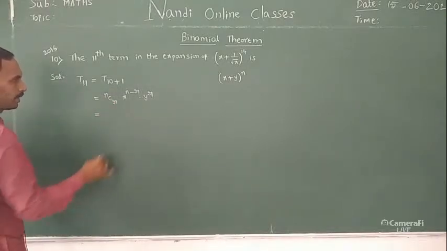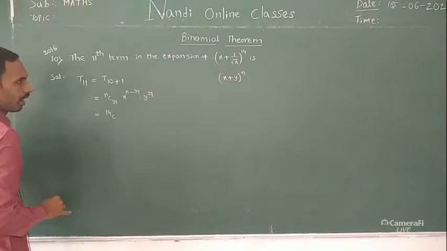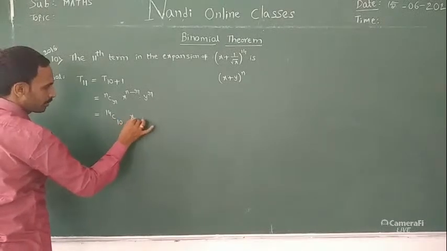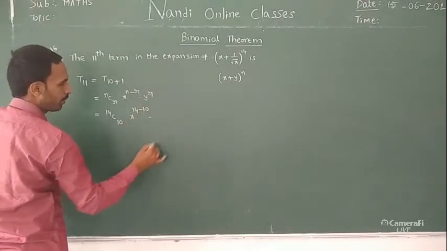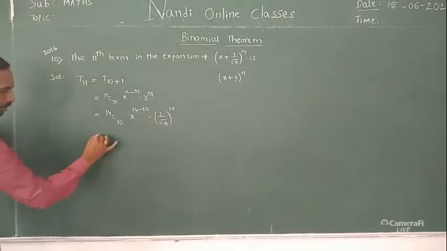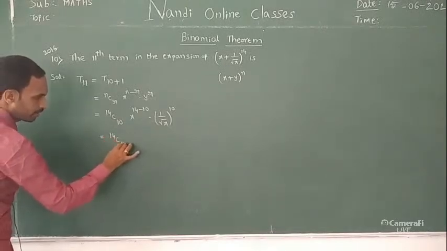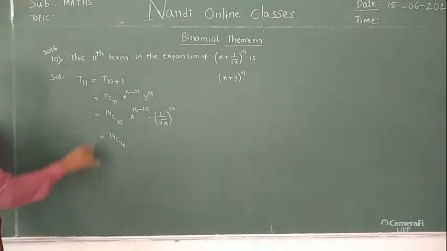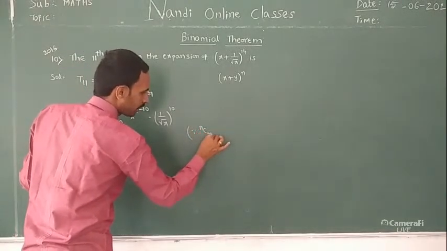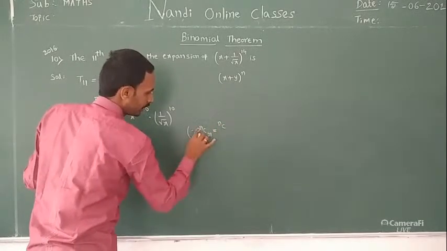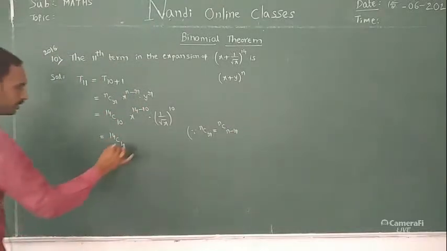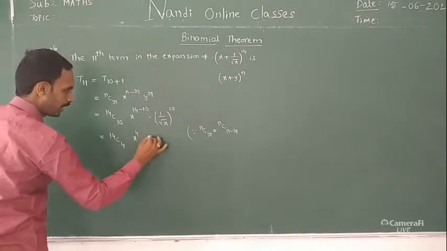Here n means 14, r is 10. T r plus 1 is equal to 14C10 into x power 14 minus 10 into y power r, that is 1 by root x whole power 10. 14C10 can be written as 14C4, because you know the formula nCr is equal to nC(n minus r). 14 minus 10 is 4, into x power 4 into 1 power 10 is 1.